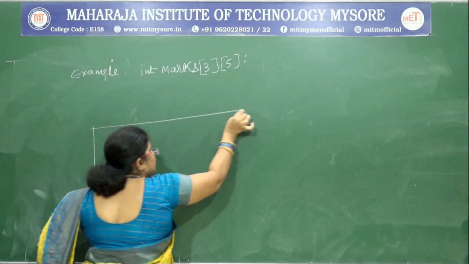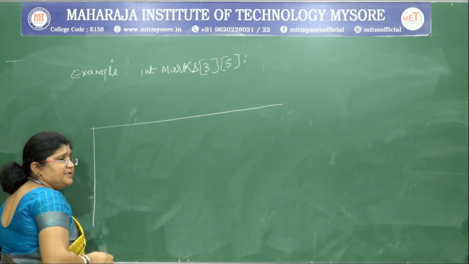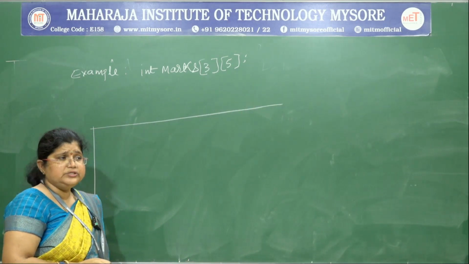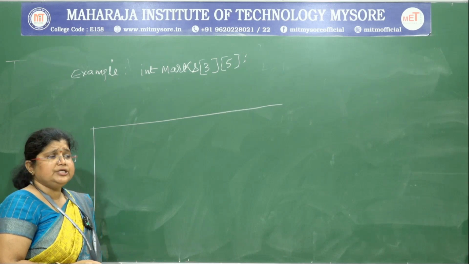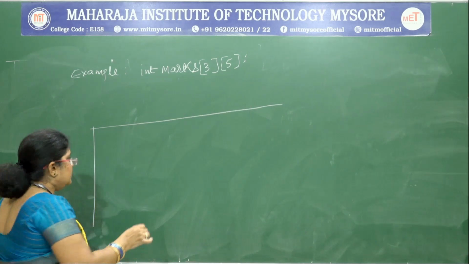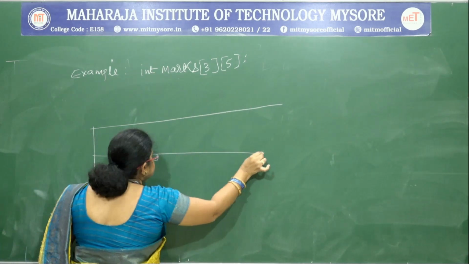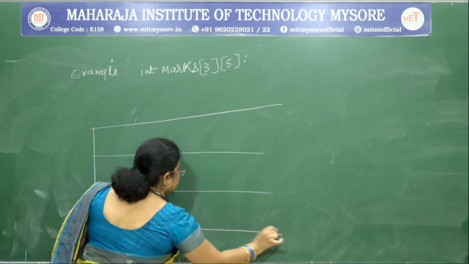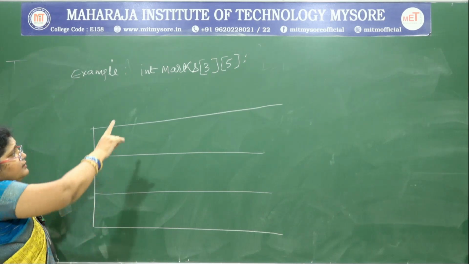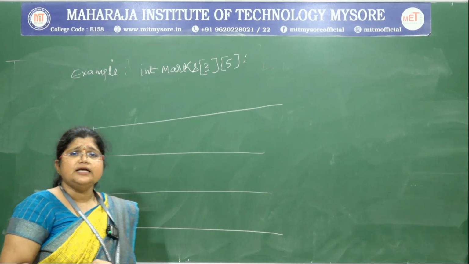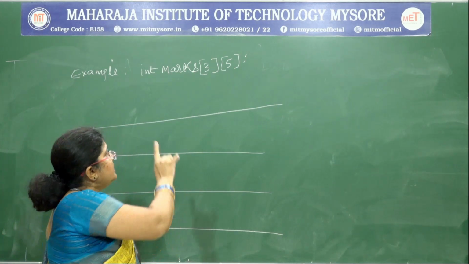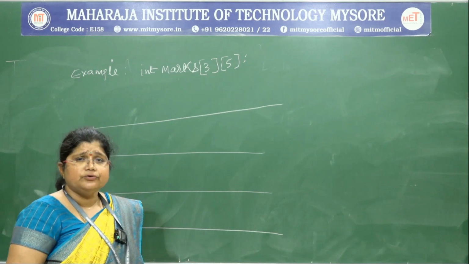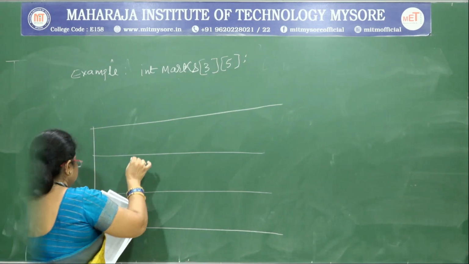As the size is represented here as 3 rows, the memory allocation will be done for only the 3 rows, and the size of the column is represented as 5, so 5 columns will be present.